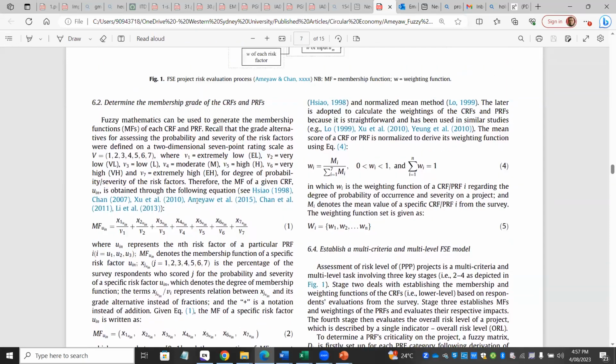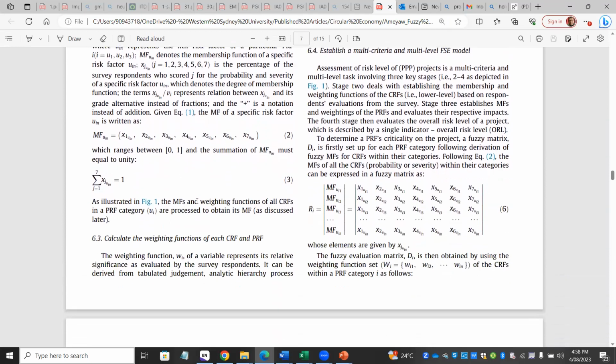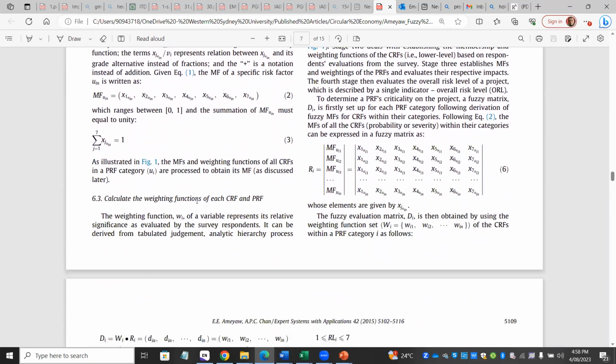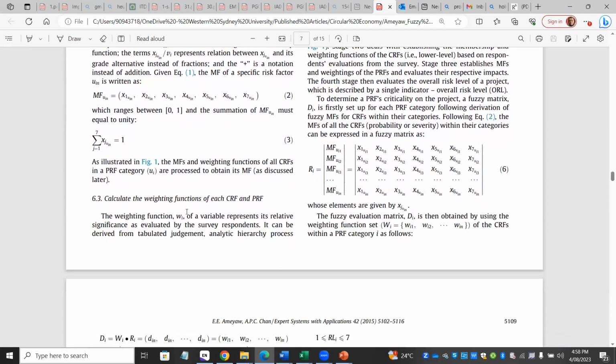This is just to help us with the kind of membership grading that we'll be doing, 1 to 7. And from that step, we'll compute the weightings. The weighting function of a variable represents its relative importance as evaluated by the survey responder.